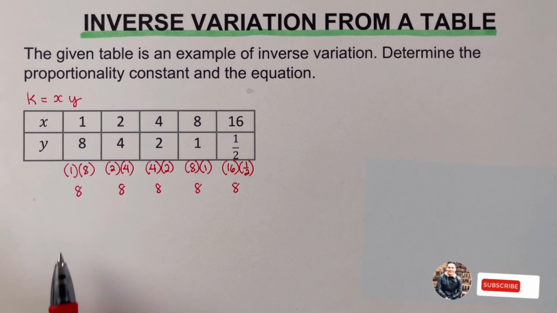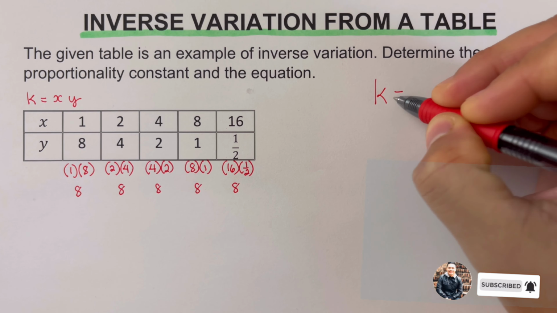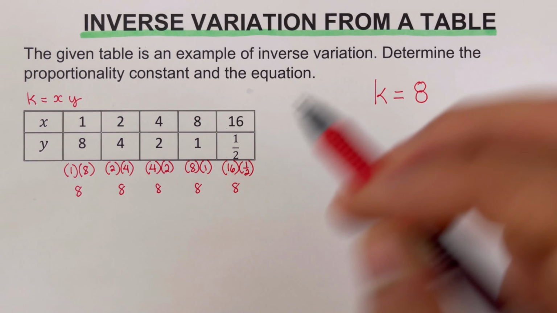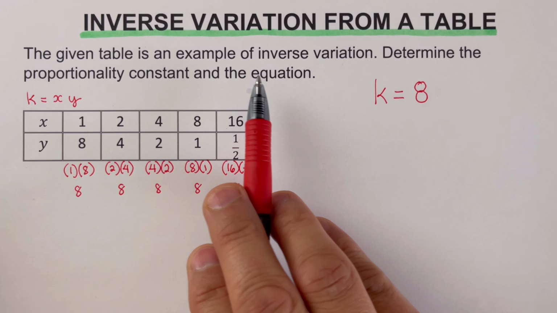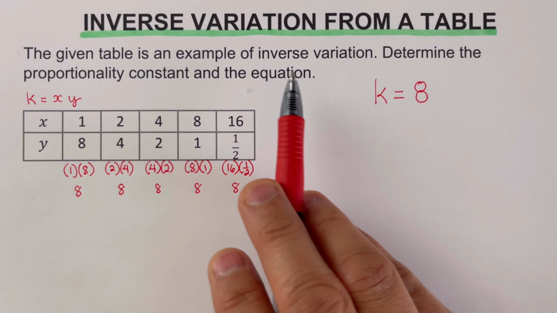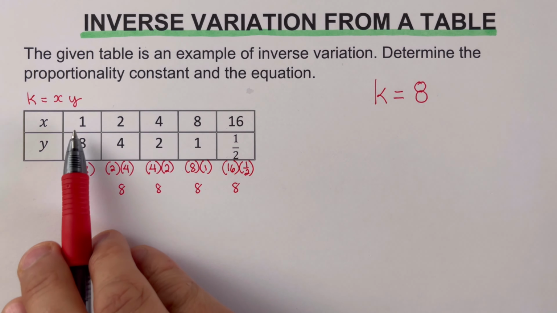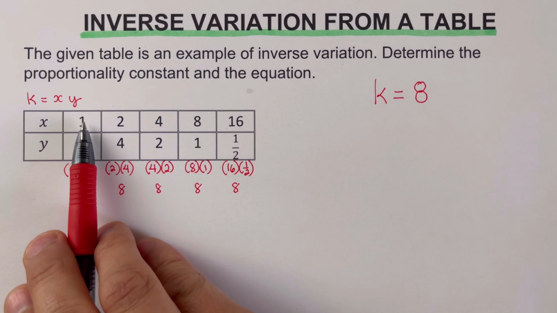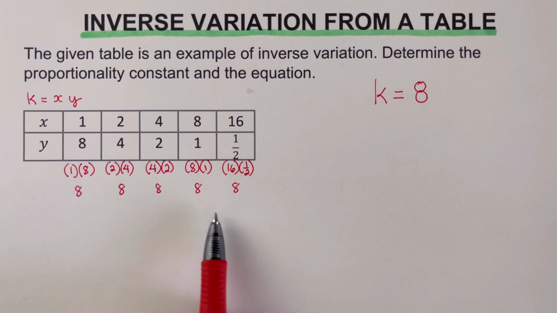So our constant of variation, k, is 8. You can solve for just one here, and that should be fine because it already says that it is an inverse variation. But I just wanted to show you that for an inverse variation, all the products of x and y would be the same for all of these columns, which is 8.